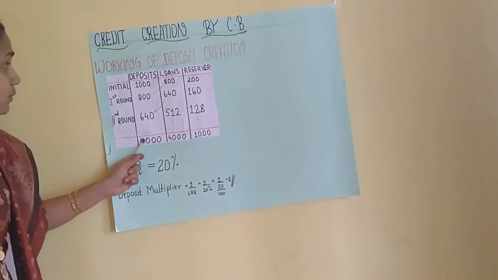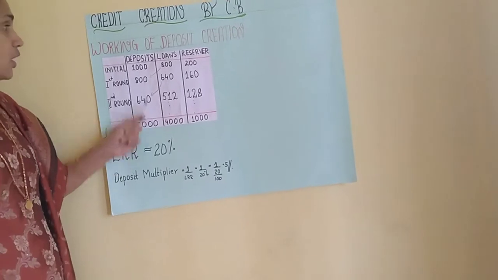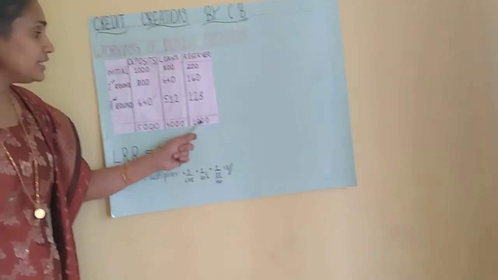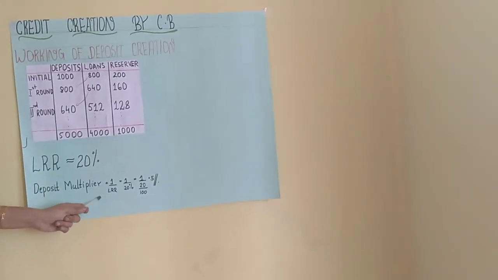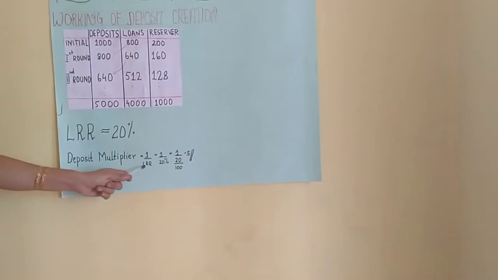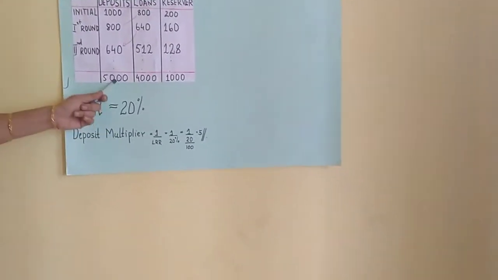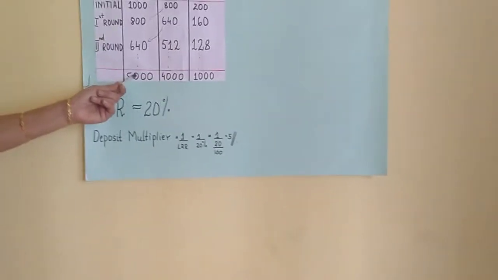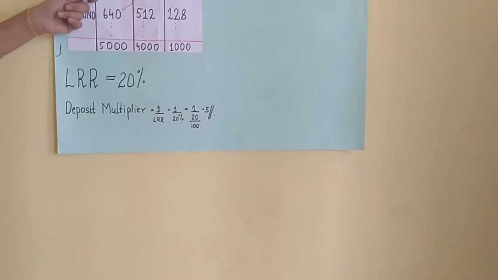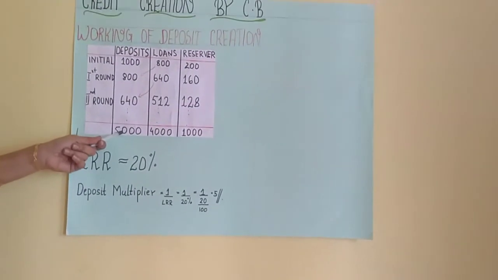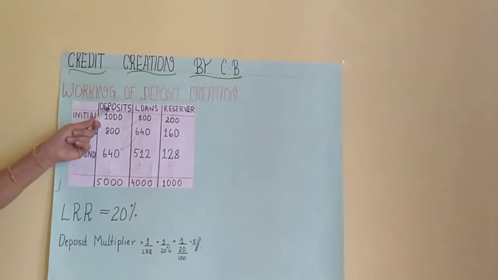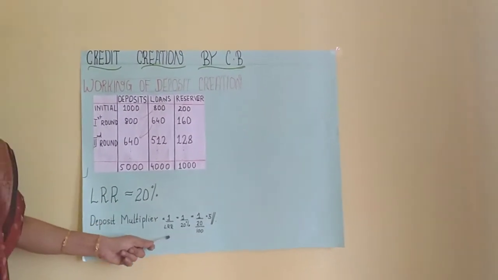Then we need to calculate the total deposits or total loans. For that we take the formula, deposit multiplier, 1 by LRR. How can we calculate this 5000? We are not taking the total of 1000 plus 800 plus 640. We are calculating this 5000 as deposit into 1 by LRR.